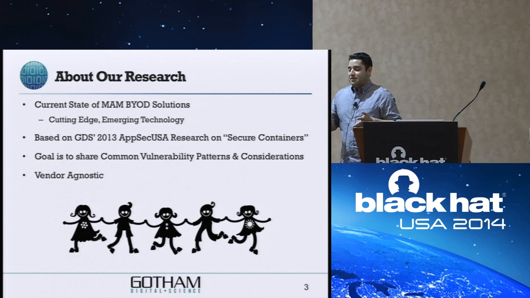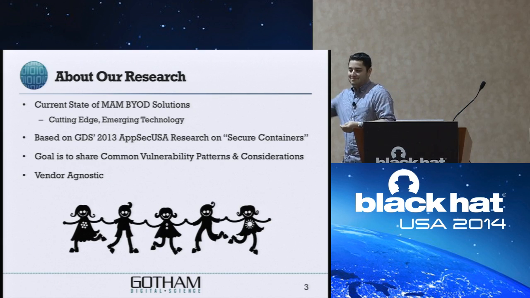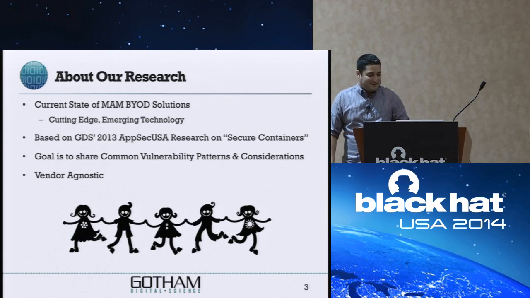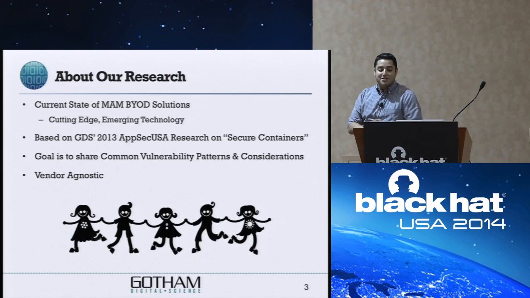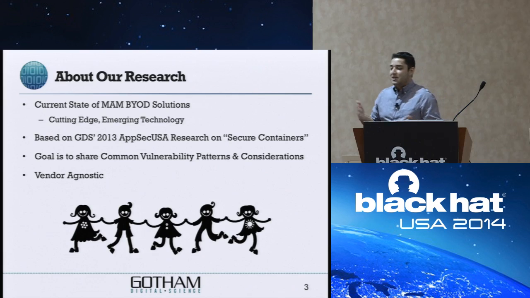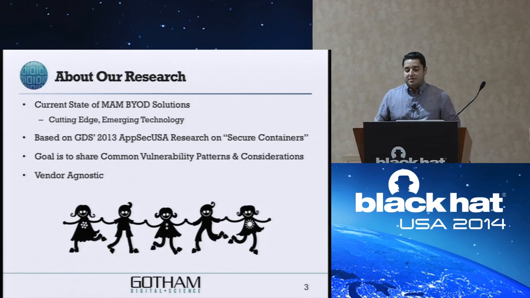We don't want to show preference for one vendor over another, and I also don't want to have to avoid cease and desist letters while I'm on stage because I'm talking badly about a vendor. So I just like that picture. I just want to hold hands and be friends with everyone. But at the same time, talk about what are some of the common vulnerabilities that we did find, so that we can make these solutions stronger.